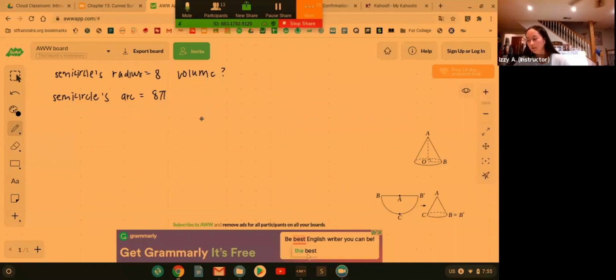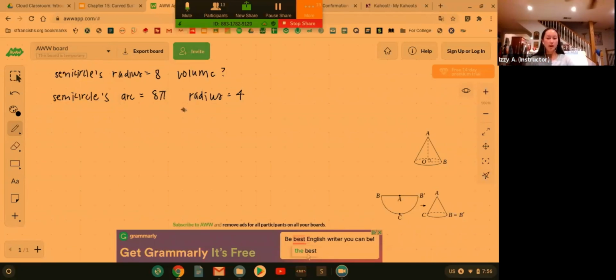Hence, the circumference of the cone's base is 8 pi, that means that the radius must equal 4. Okay, and so that was one method that you could have done. There is another method that you could have used, but I think that this method is the simpler one.